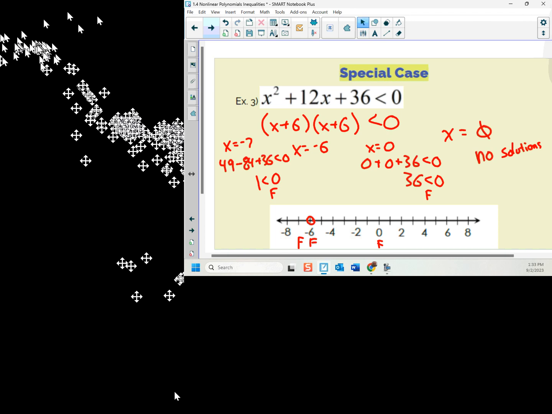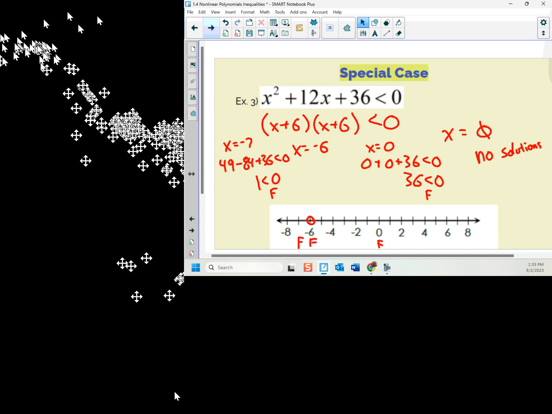This is just a case where what's coming out of here is always going to be positive, except at negative 6. Negative 6 gives 0, everything else is positive, therefore you can't make it less than 0.